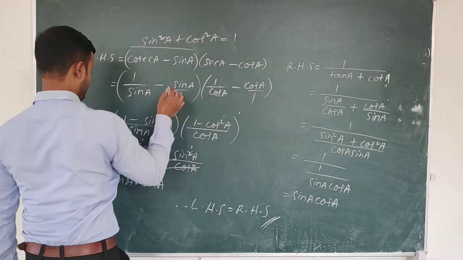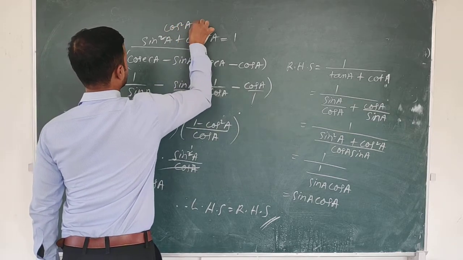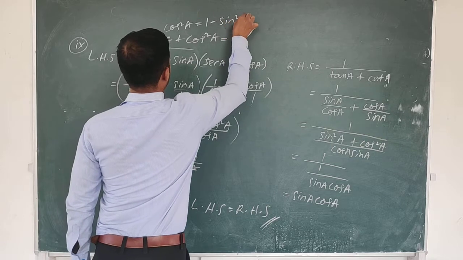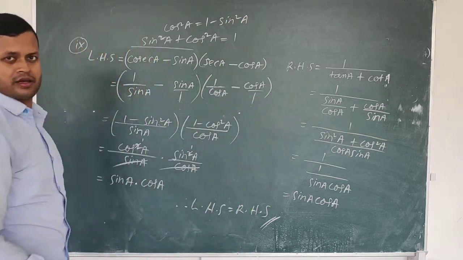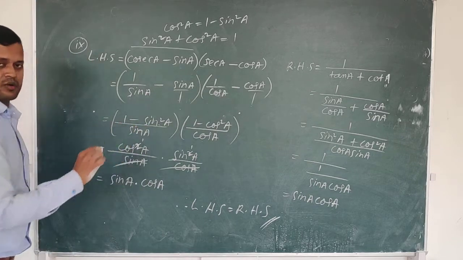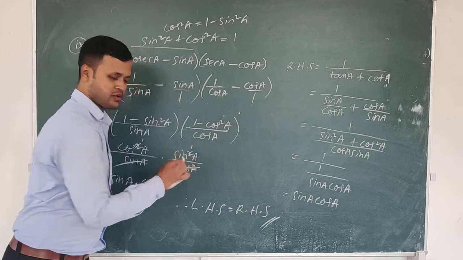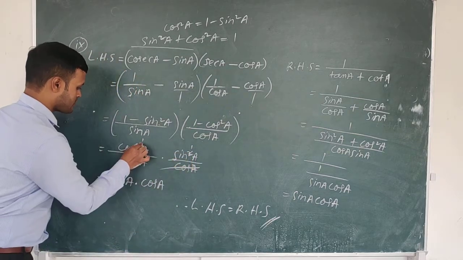So cos square A is equal to 1 minus sin square A. Similarly, in place of 1 minus cos square A, we can write sin square A.